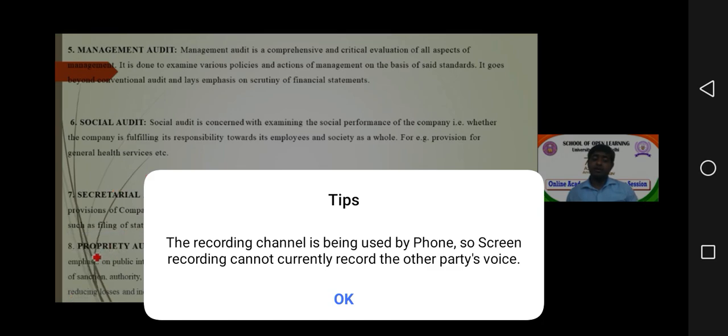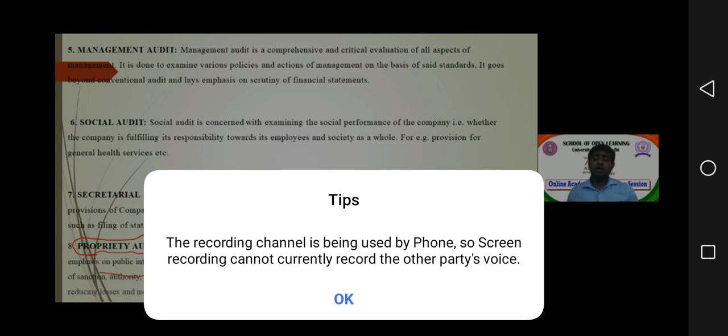Now the next is proprietary audit. What is this proprietary audit all about? Basically, proprietary audit may be defined as the audit concerning the decisions of executives with an emphasis on public interest and financial discipline. Why are we doing it?